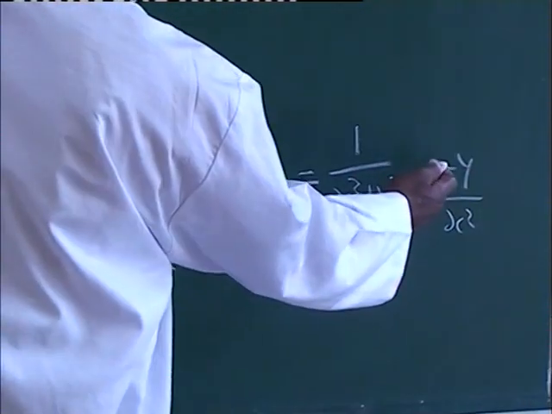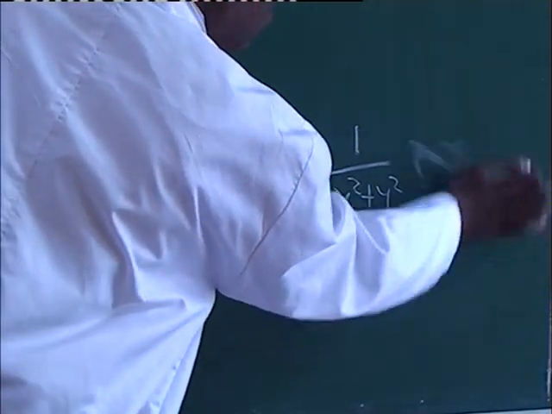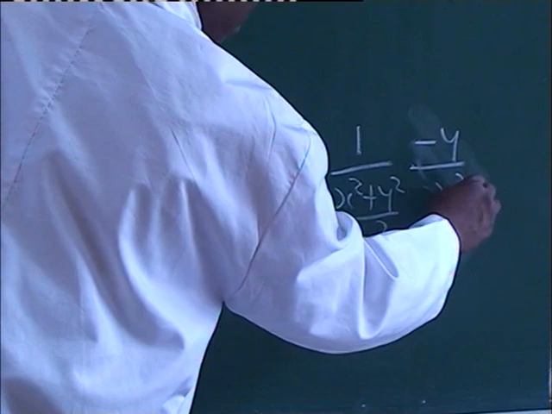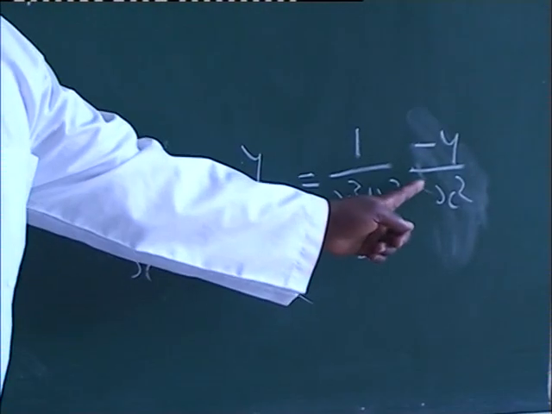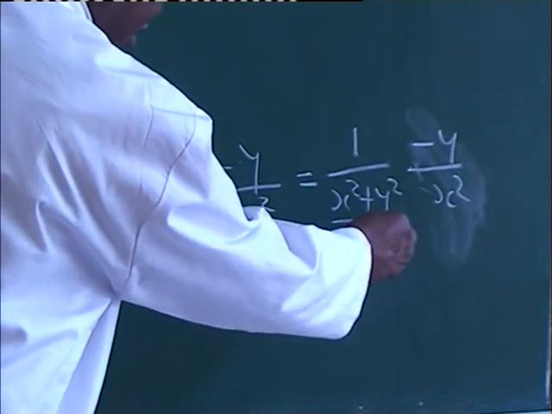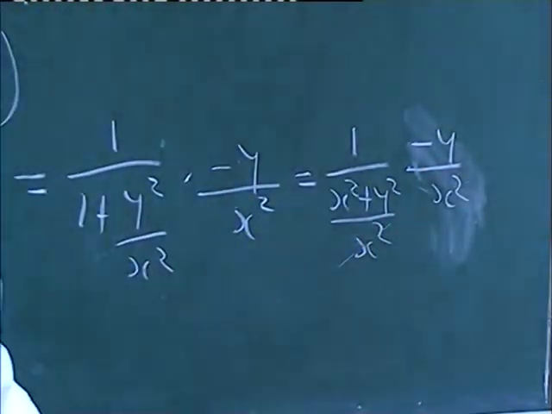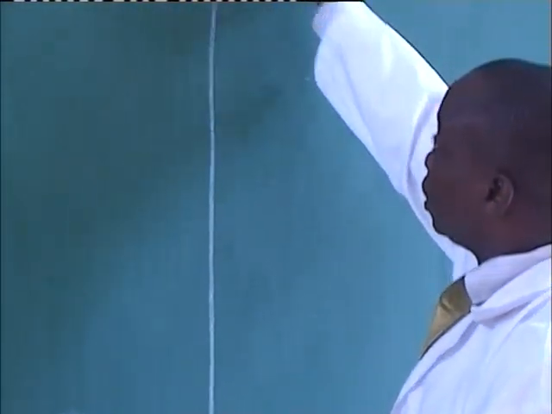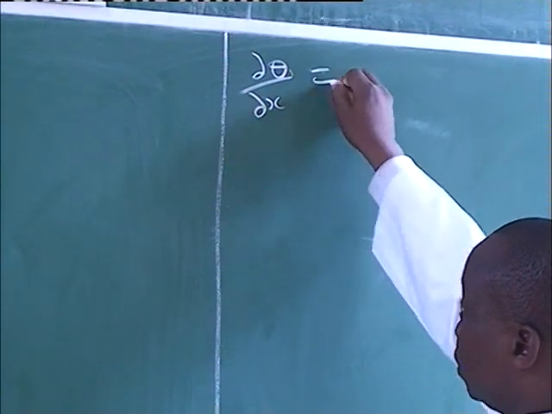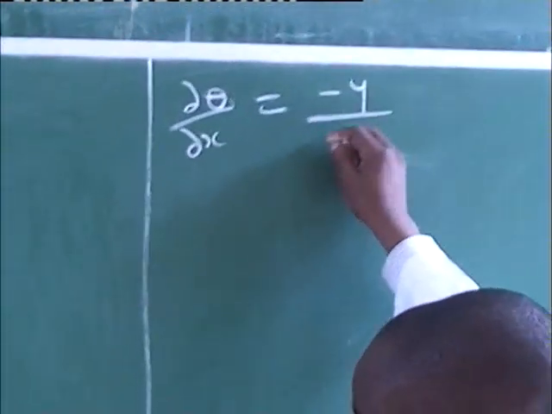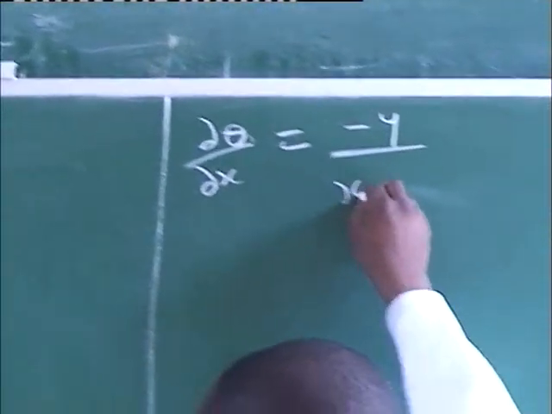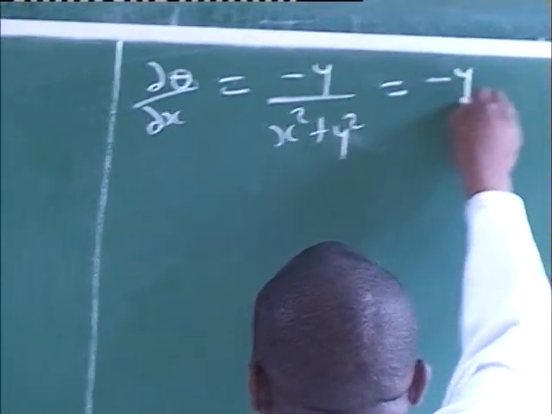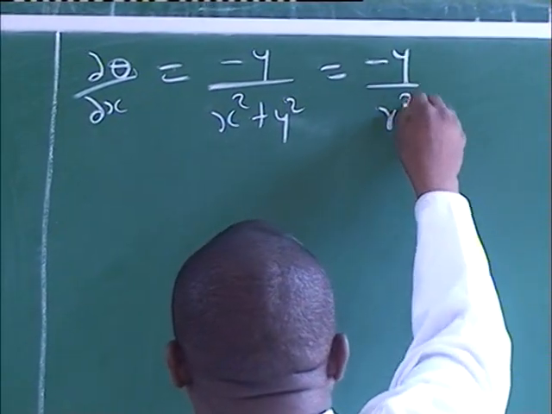Of course, this minus y here, let me take it off so that you see it. Minus y is here over x squared. Now the sign is right because it's this one up. And then this can cancel this. So what we have there is that partial theta partial x is equal to minus y over x squared plus y squared, which is equal to minus y over r squared.